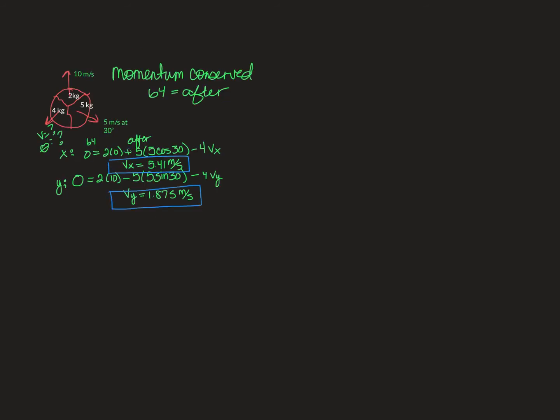So here's what we know right now. Our x velocity is 5.41 meters per second. And we know it's that way because we said that subtracting was to the left. And our y velocity is 1.875 meters per second. So we need the overall velocity.